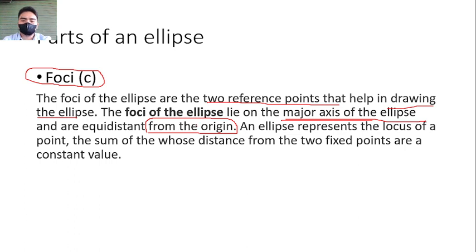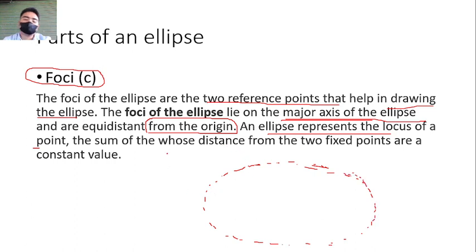Okay, and please take note that an ellipse represents the locus of a point. If you say locus, what is the locus? These are the points outside of the ellipse.